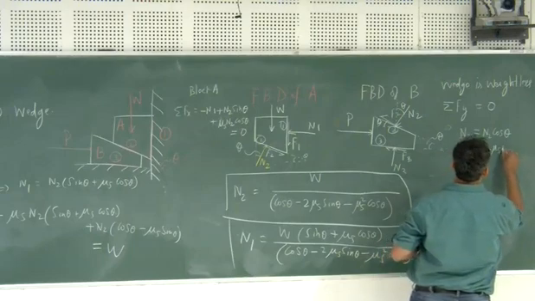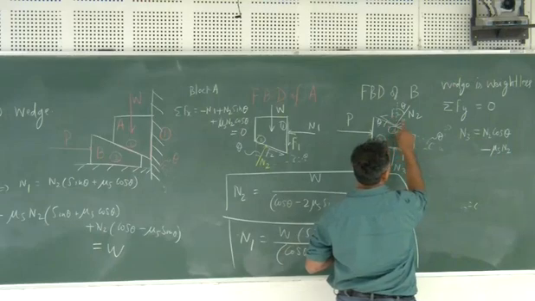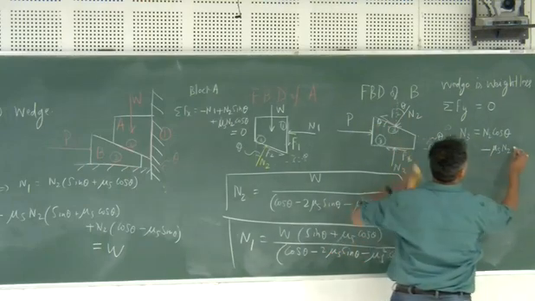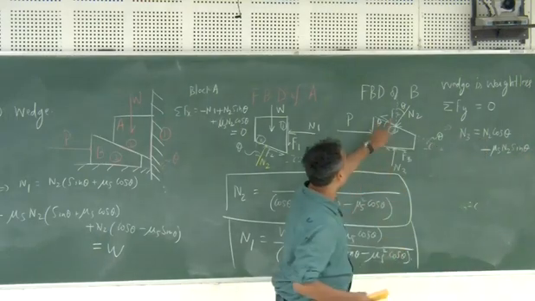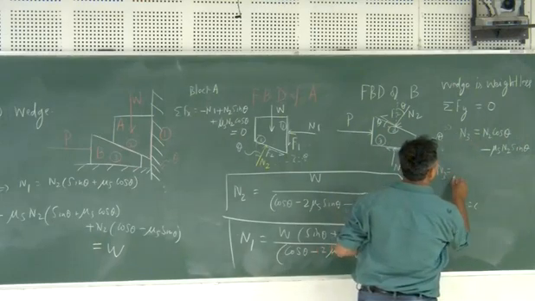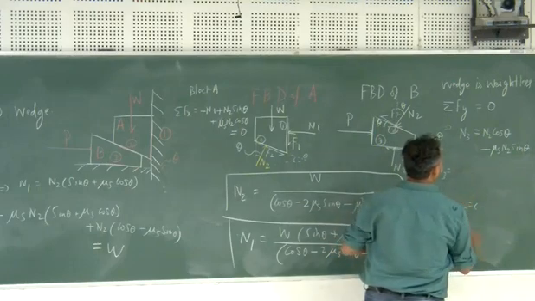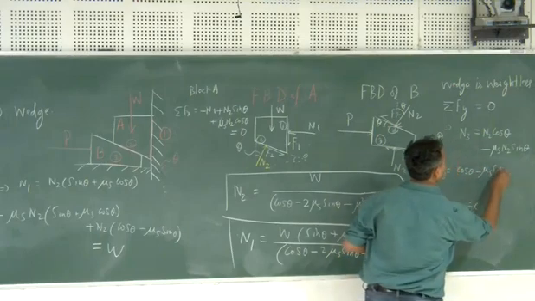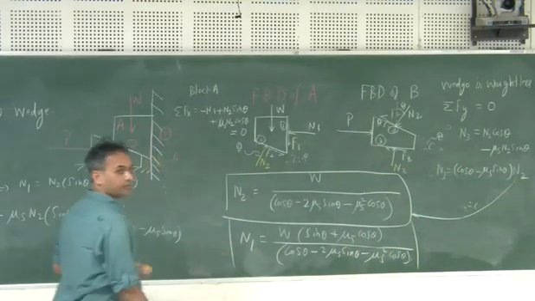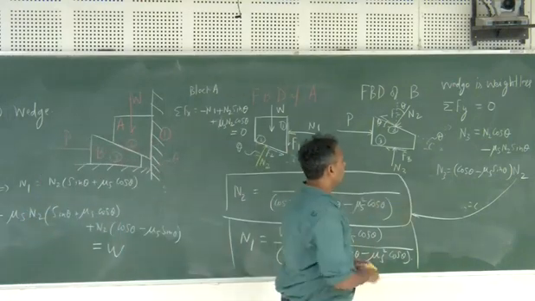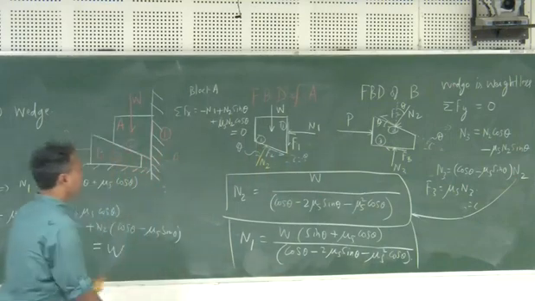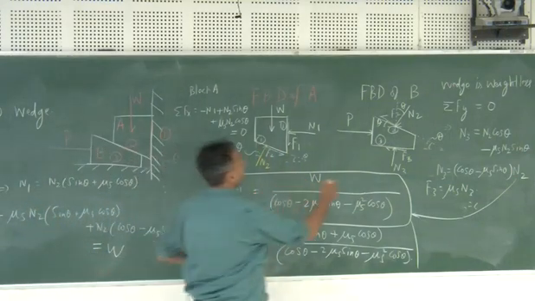F2 is nothing but mu s N2, so this will become minus mu s N2 sin theta. Because N3 and F directions are positive, it means that your N3 is mu s cos theta minus mu s sin theta times N2. This way you can find out your N3. But what will be F3? F3 is nothing but mu s times N3. So this way it computes the reaction force, this friction force F3.